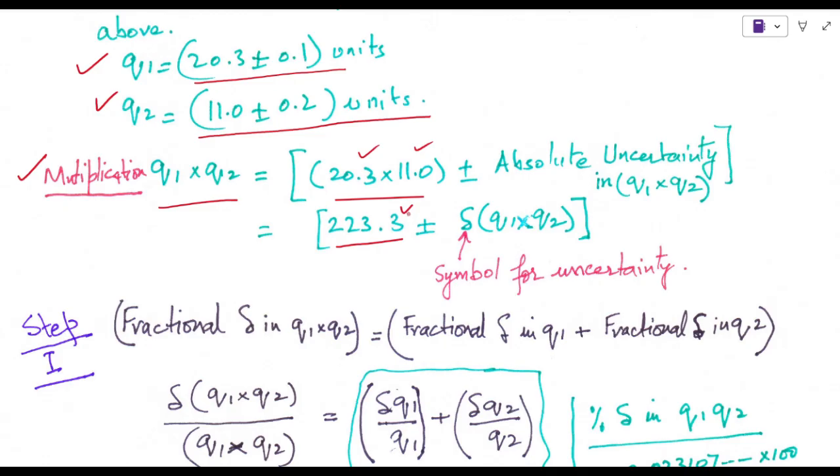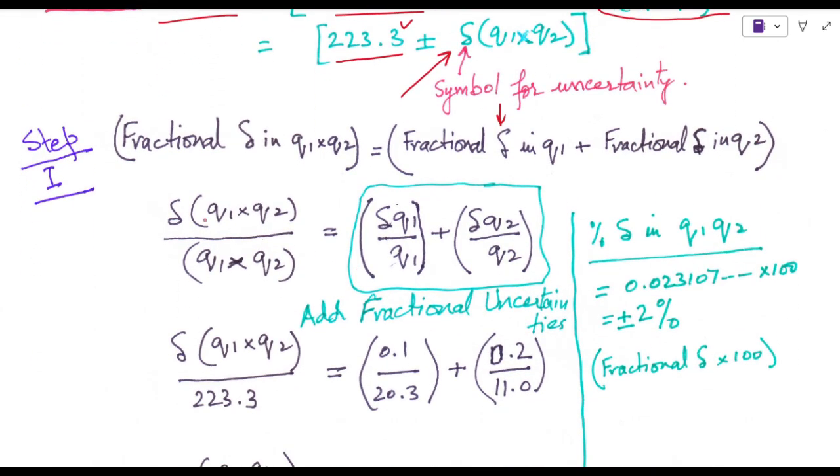And we write down plus minus absolute uncertainty in Q1 and Q2. The symbol for uncertainty is also shown in green color and then black color as well. Step 1 in multiplication is you write down fractional uncertainty in Q1 multiplied by Q2.